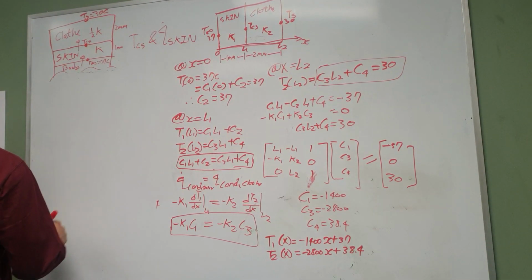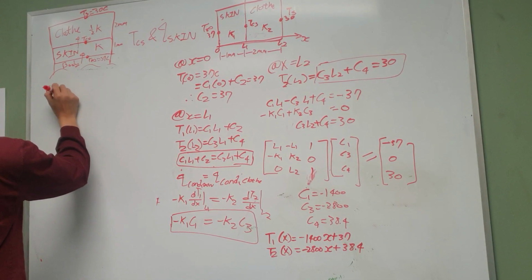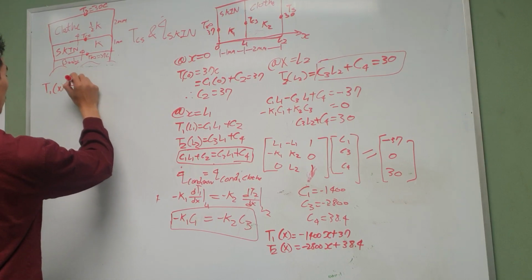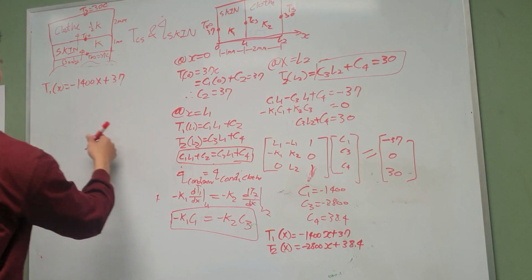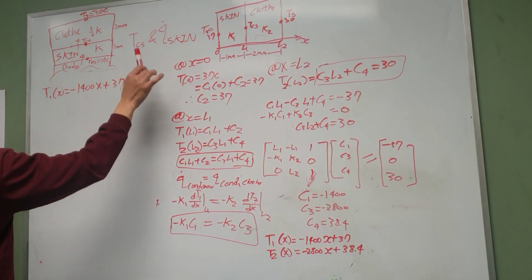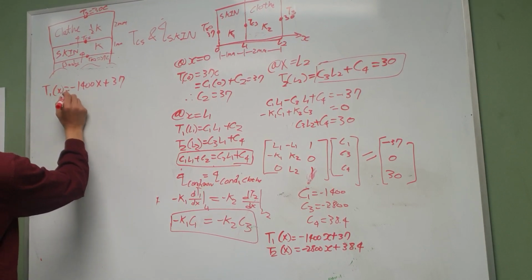Given these new equations, we can figure out the TCS. We can use either T1(x) or T2(x) to figure out the TCS, the temperature at the interface. But I'll just use the first one, T1(x).